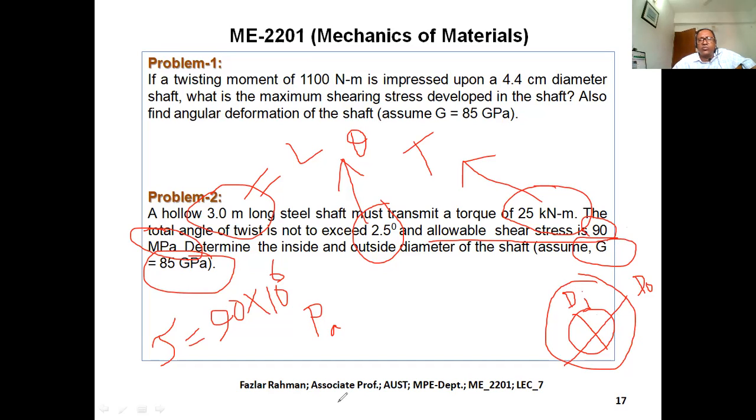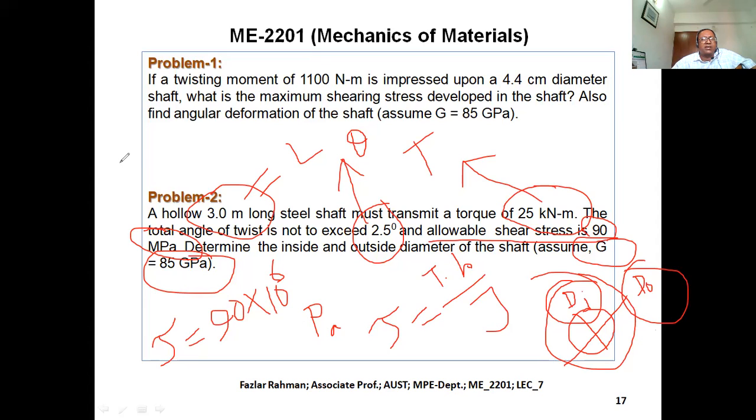So you remember, two unknowns. We need to figure out this one and we need to figure out this one. So we need to have two equations. One equation we have: tau equal to TR divided by J. This R, I can write down as R equal to D naught by 2. And J equal to pi by 32, D naught to the power 4 minus Di to the power 4.